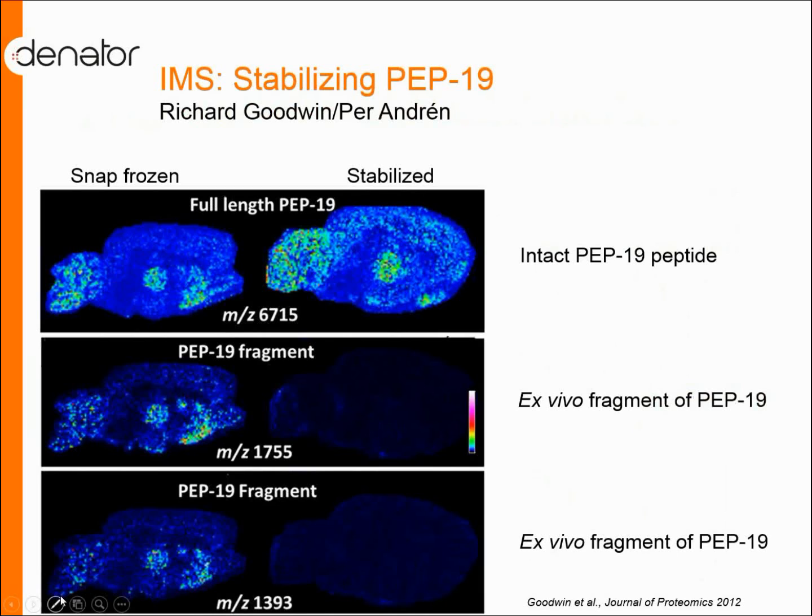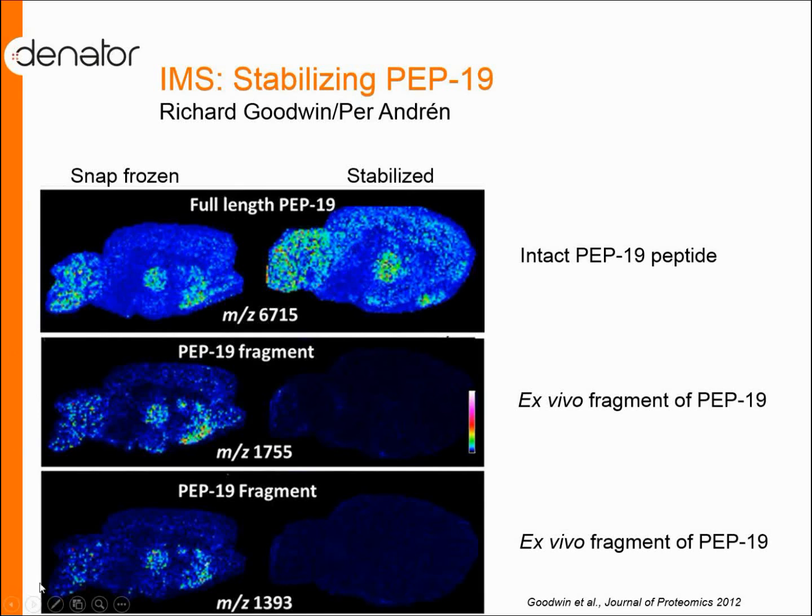The next example uses imaging mass spectrometry. What we're looking at here is a thin section, a sagittal section of a mouse brain, and it's been arrayed with a matrix, and then a MALDI has been used to image it in each pixel.